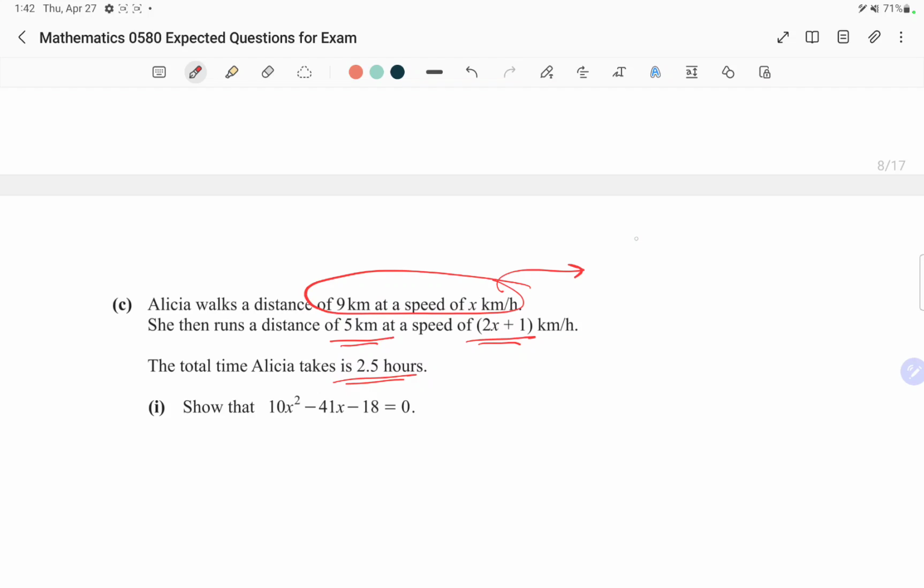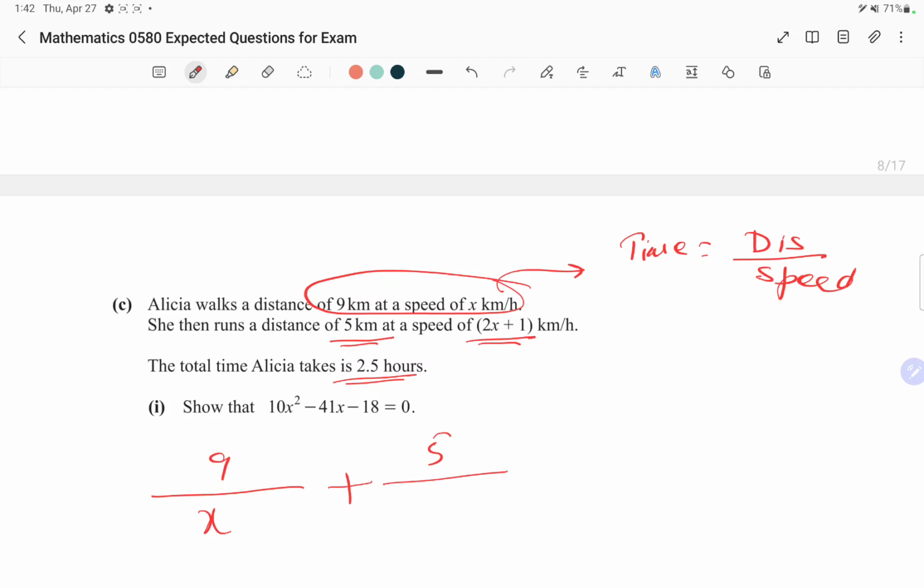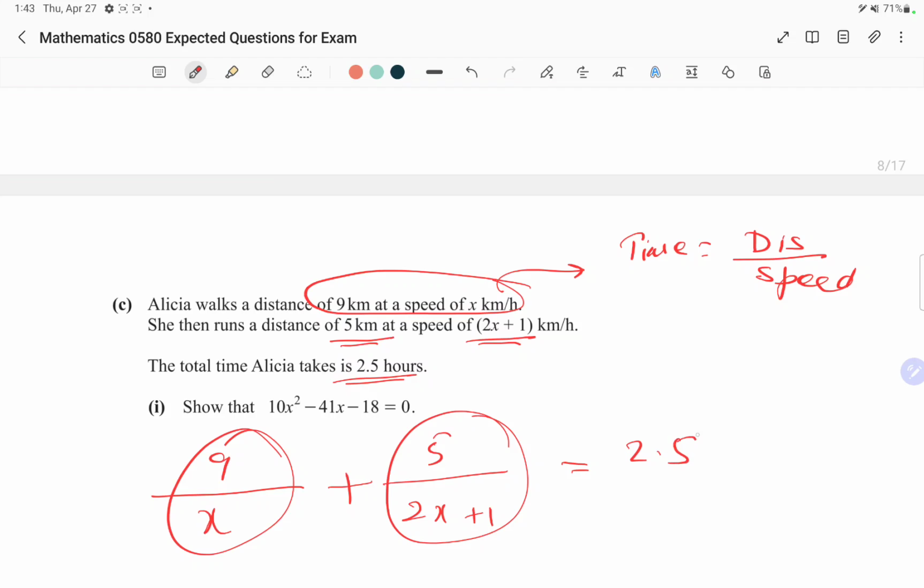Time has the formula distance over speed. So for the time of walking, the distance is 9 km and the speed is x, so 9 over x. Now plus the time of running, so the distance is 5 and the speed is 2x plus 1. So the time of walking and the time of running, the total time is given as 2.5 hours.